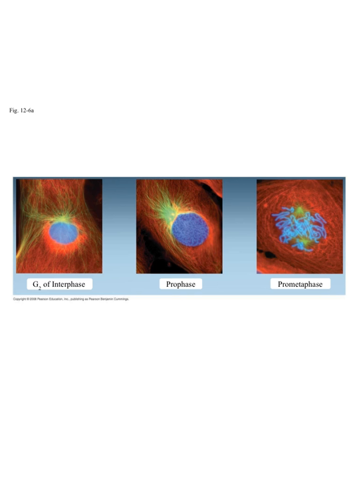This is kind of a neat view. This is using a technique called fluoroscopy, and it shows the various phases that we just went through, plus a little bit more. Note the differences between what you see in interphase in terms of the nucleus versus what you're seeing in prophase.